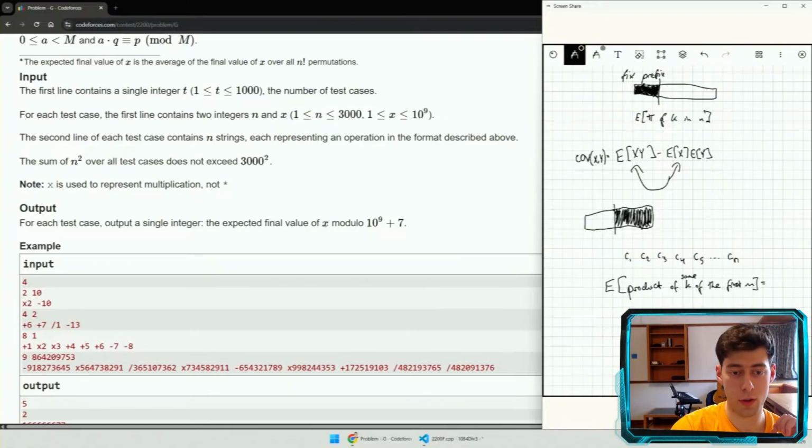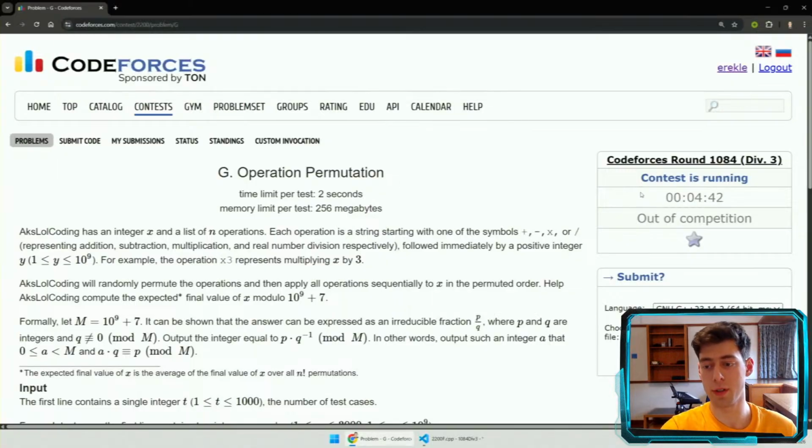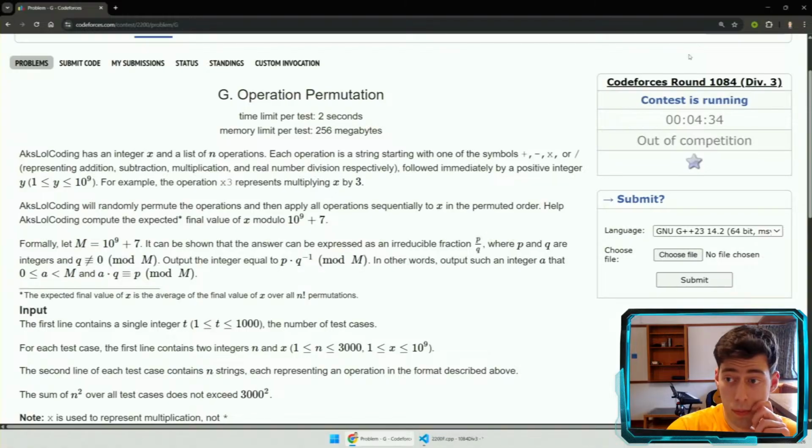I don't think I'll have time to do this, but I think that's how you do it actually. Yeah, I've got 4 minutes. I'm not implementing this in time, but this is how you do it.